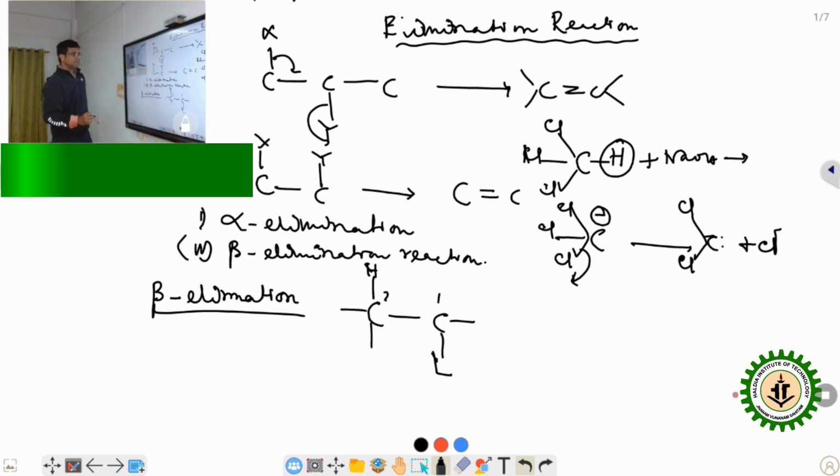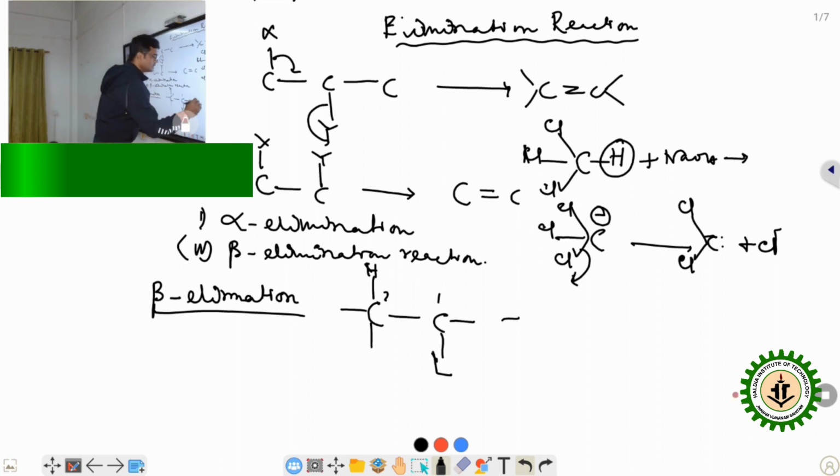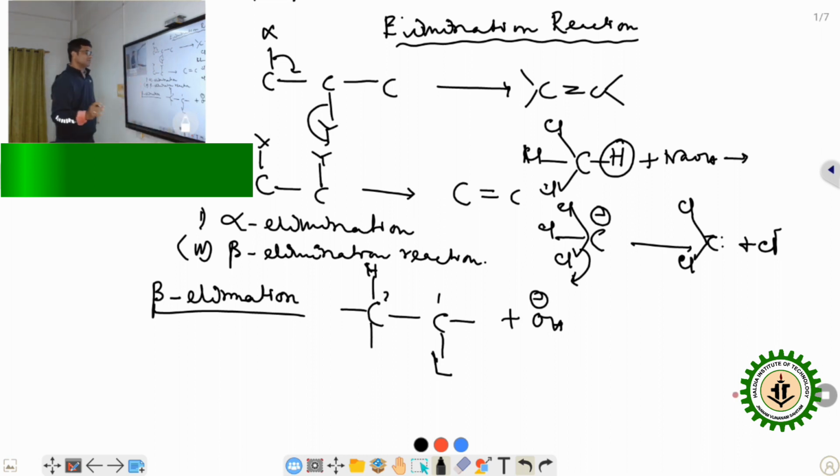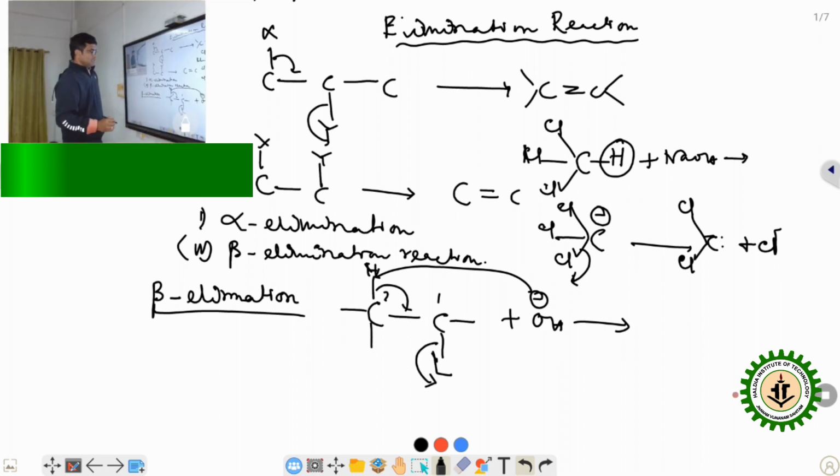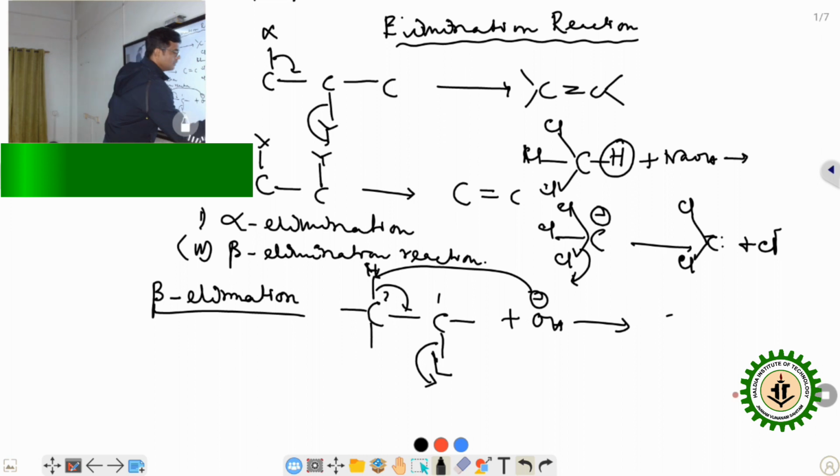Now in presence of base, different kinds of bases will be used. So I will show you what will happen. This base will abstract this beta hydrogen and the leaving group will be eliminated in this way to form the alkene.